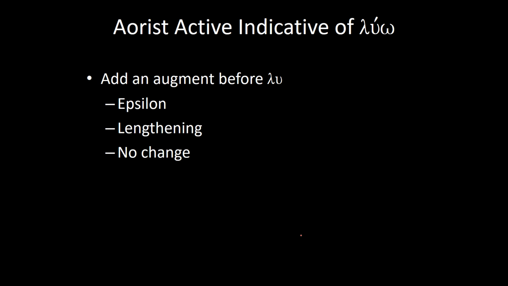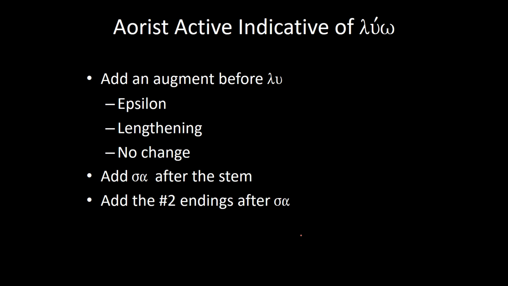So the augment on the front. Then we're going to put a sigma alpha right after that verb stem. A sigma alpha is a great aorist key. If you see a sigma alpha in the middle of a verb, ask yourself, I wonder if this thing could be aorist. Then we're going to do number 2 endings: nu, sigma, movable nu, men, te, nu, or son. Okay?